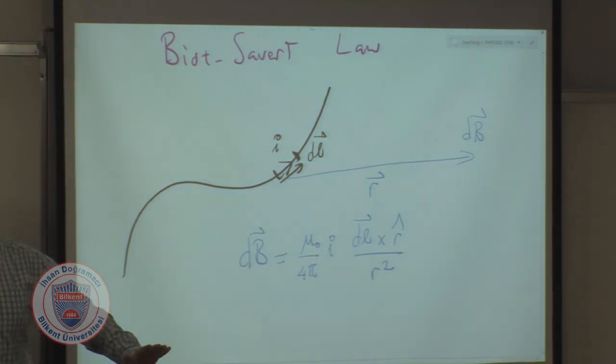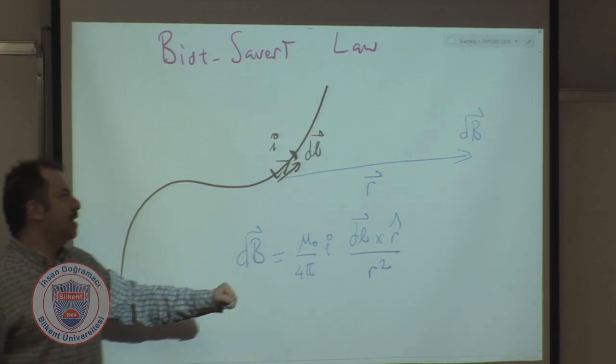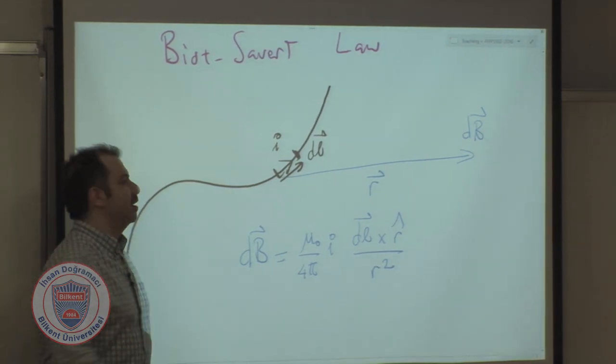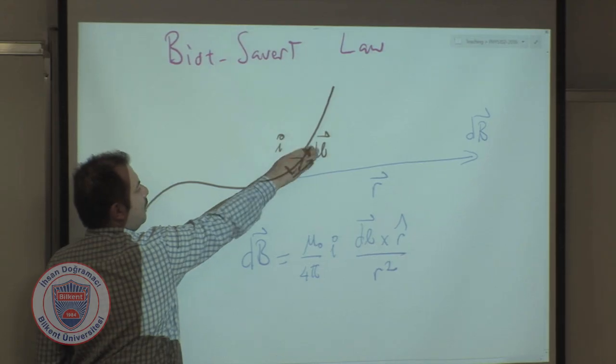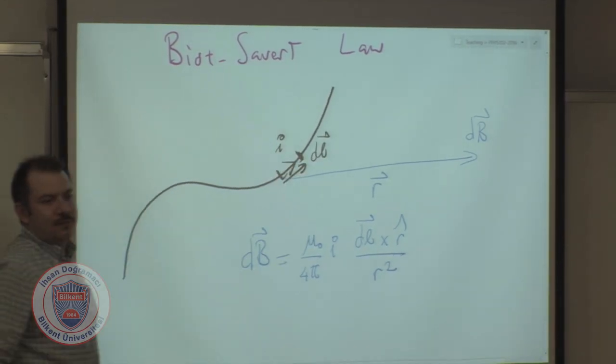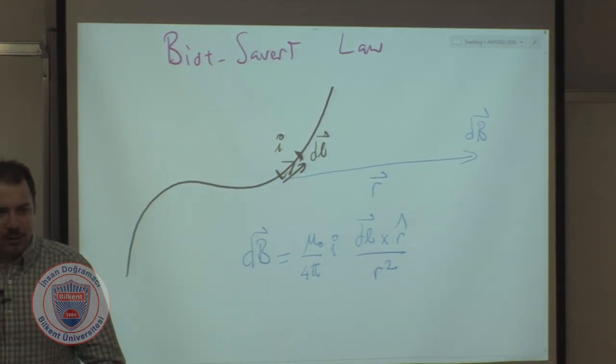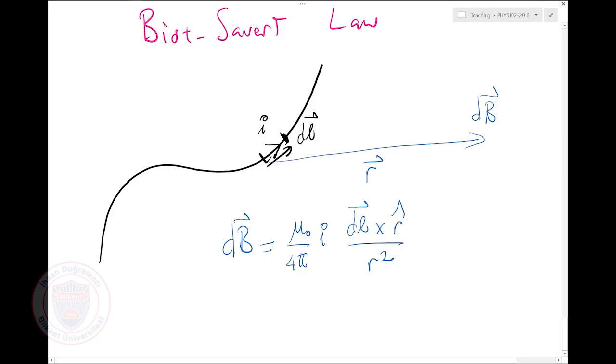Just directions, let's forget about the magnitude. It's pointing in the dl cross r direction. Here is my dl. When I do the cross product with r, what do I find? The magnetic field created by this small section is into the page.